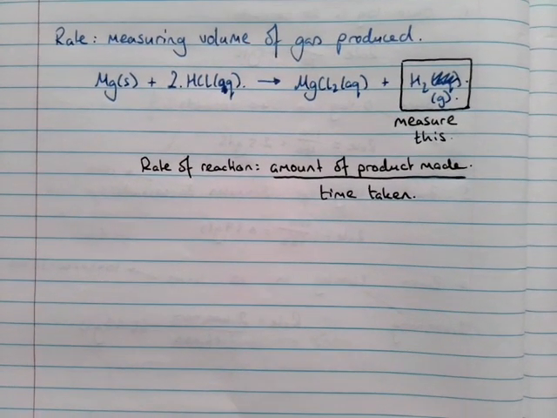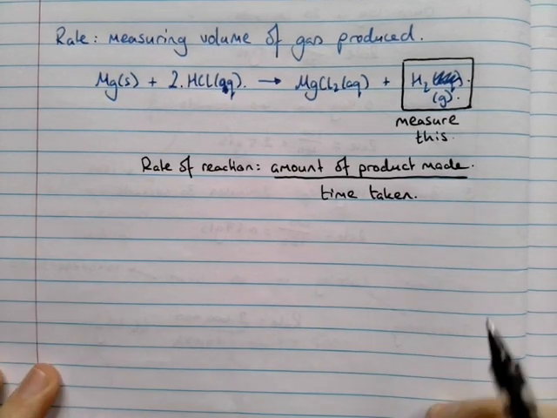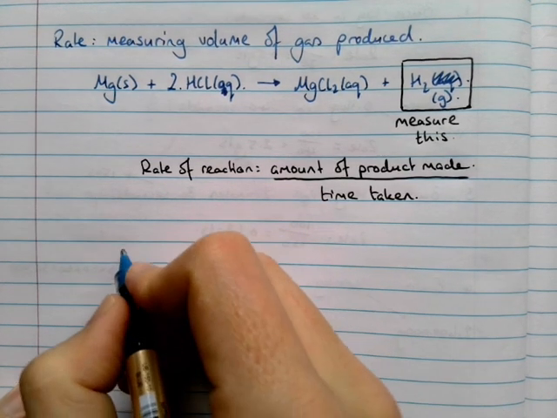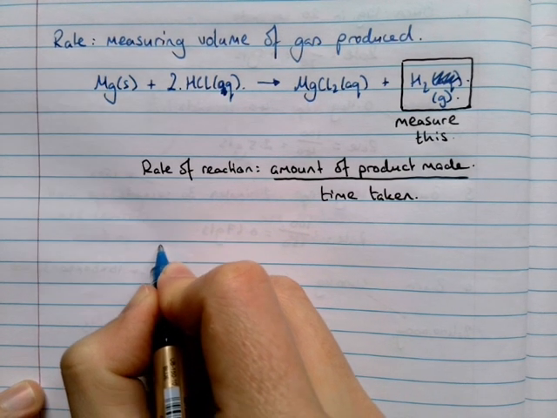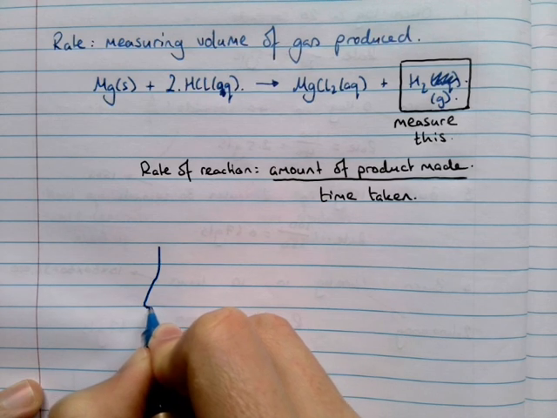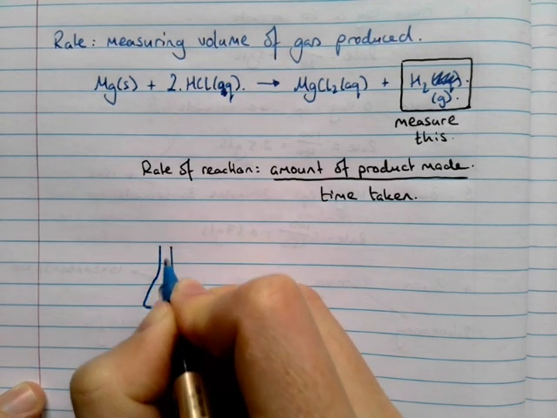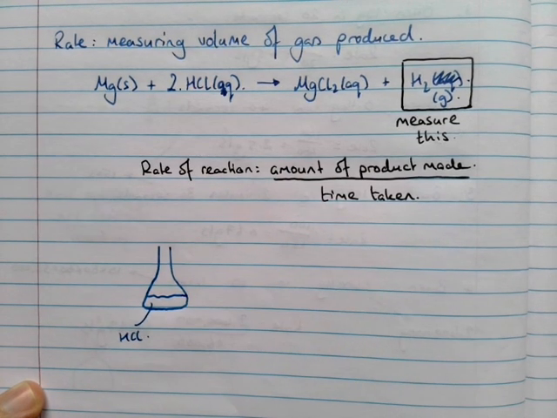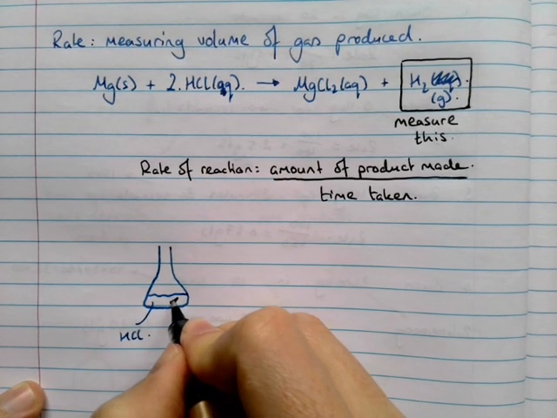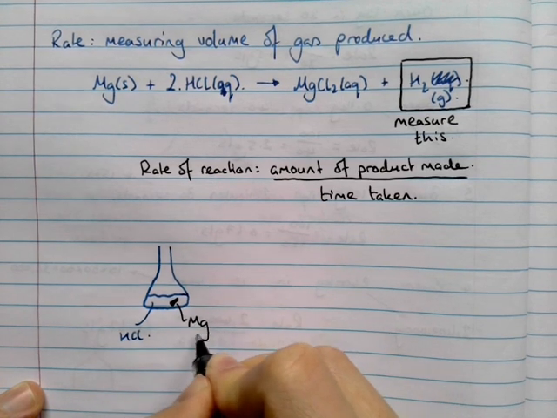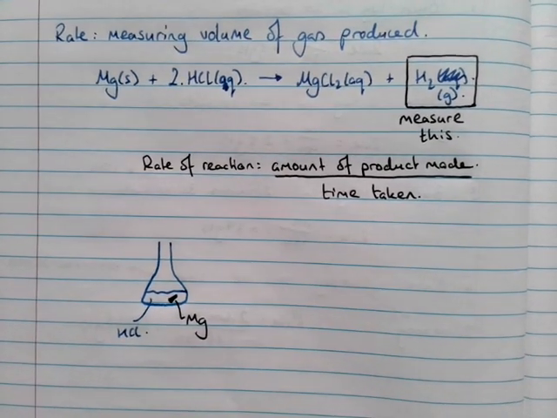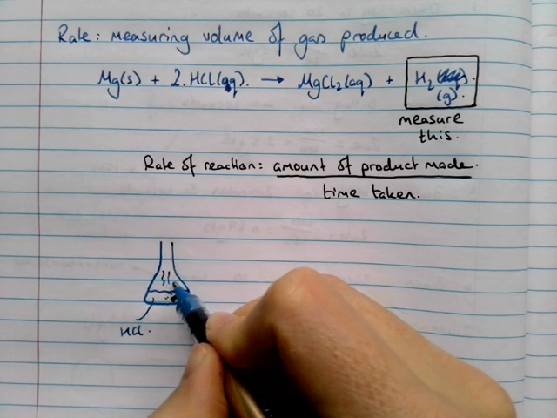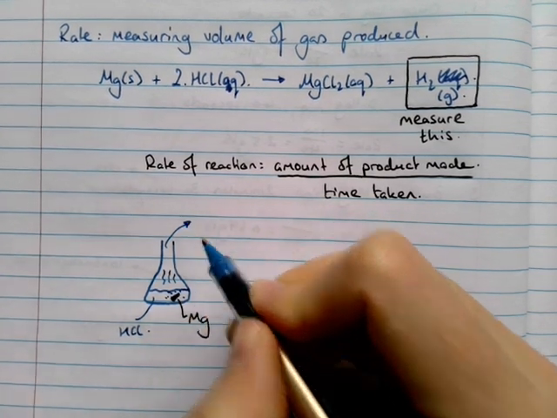So in order to do that, we need to have a way of measuring this amount of gas, because if I do this reaction, let's say I have a conical flask, and in here I've got some HCl, and I add in a little bit of magnesium, then you'll see some fizzing, you'll see some bubbling around the magnesium, and the gas will come off and escape, and you won't be able to measure it.